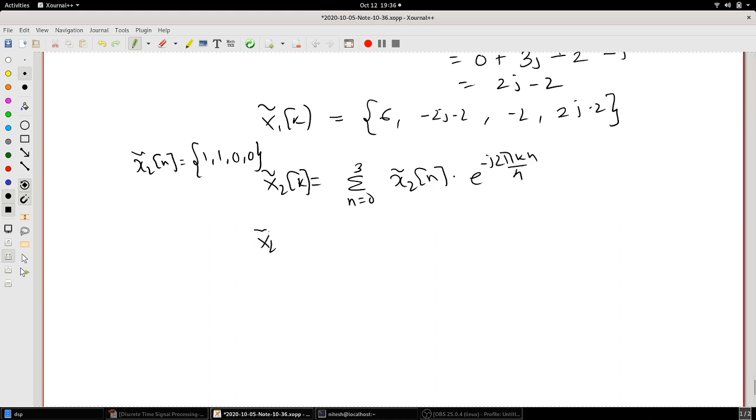So x2 tilde of 0 where k equal to 0 is 1 plus 1 equal to 2, okay. K equal to 1, x2 tilde of 1 is equal to 1 into e raised to 0 plus 1 into e raised to minus j pi by 2.